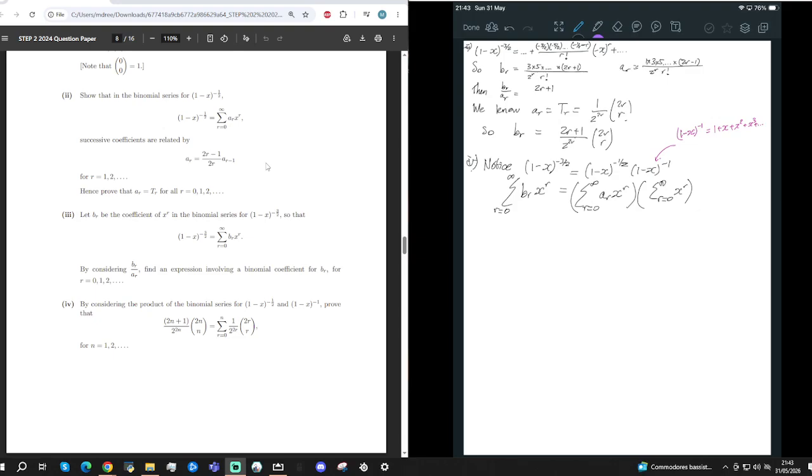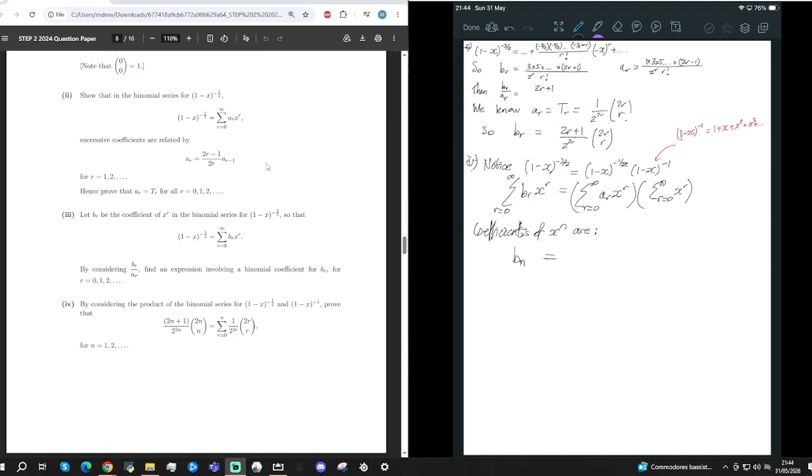What the question seems to be implying, and what part 3 implies, is we should be looking at the coefficient of x to the n. So the coefficients of x to the n are, well, on the left it's just bn. Now on the right, this is going to be a lot more challenging to work out.